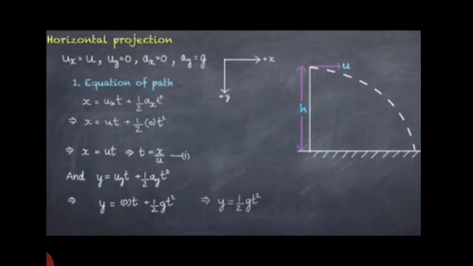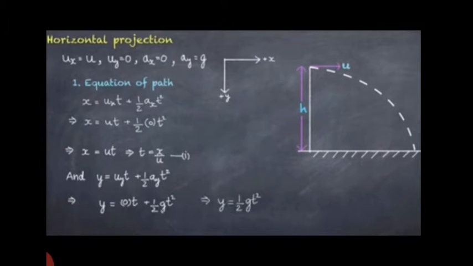So it is an equation of path. Then x is equal to ut plus half a t square, the value of a is equal to 0, so half 0 into t square. Then s is equal to ut. Then we get t is equal to x by u. This is equation 1.